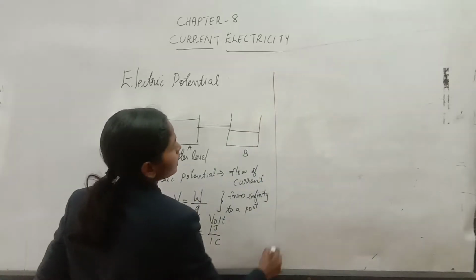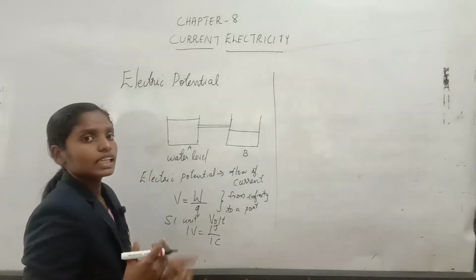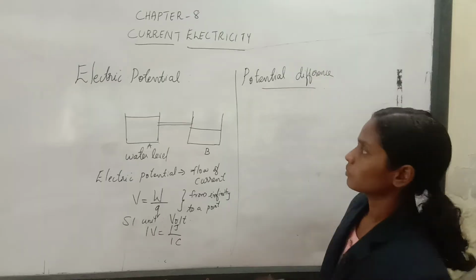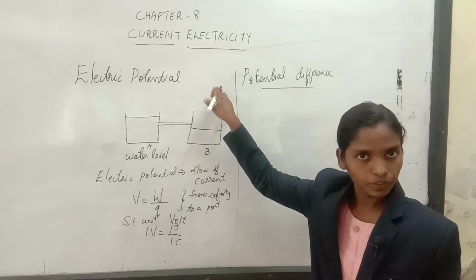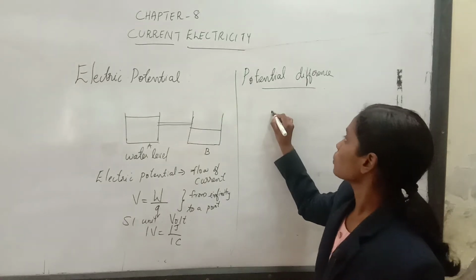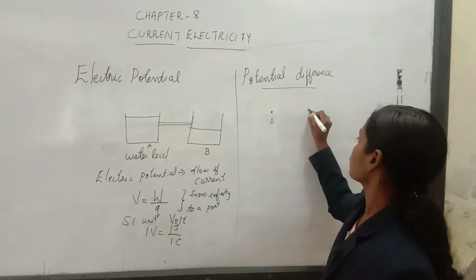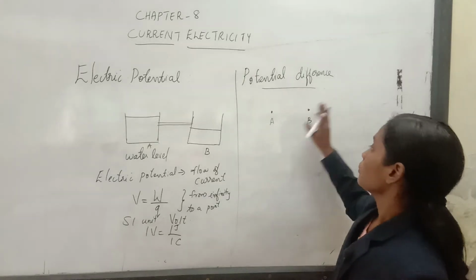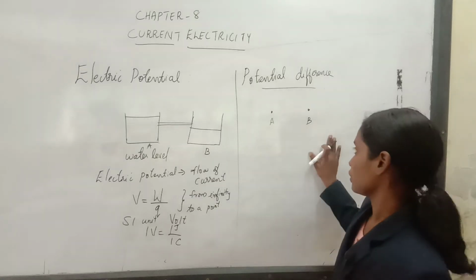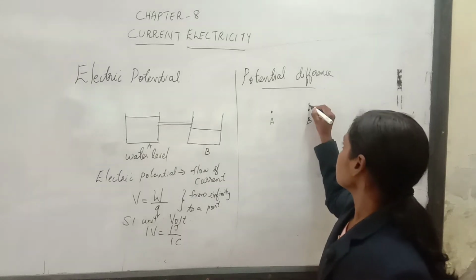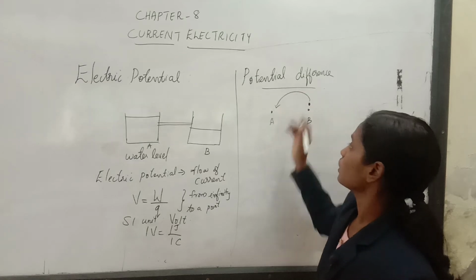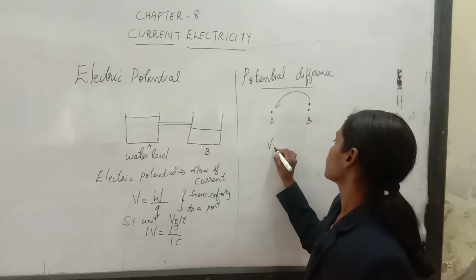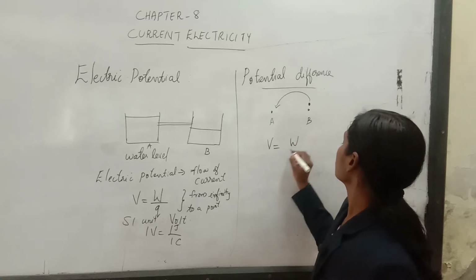Now we will see one more thing, that is potential difference. It is related to the electric potential itself. We already know the potential of point A and the potential of point B. When we bring a charge from one point to another, the work done is called potential difference, and V is equal to work done upon charge.